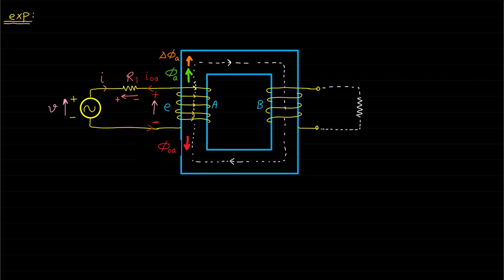First, we need to close the circuit using resistance R2.